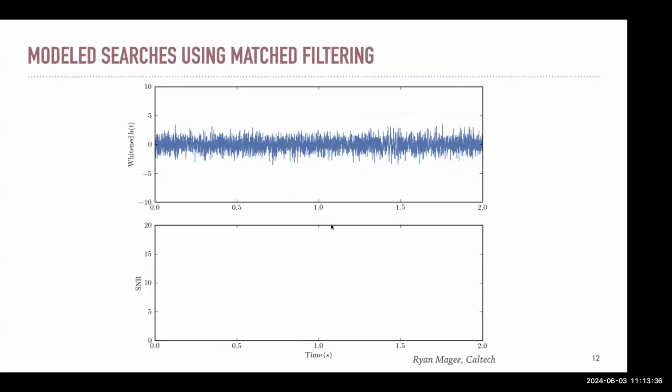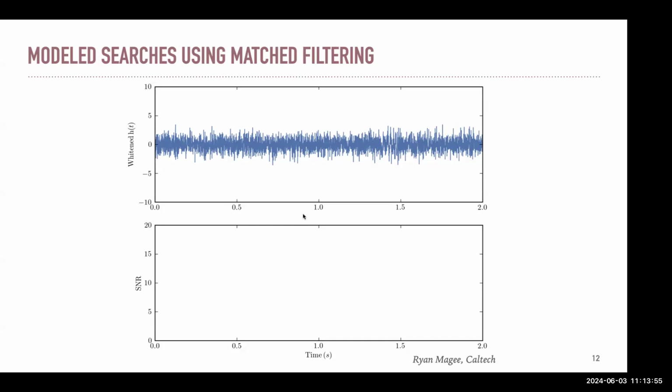All right. I really like this visualization from Ryan McGee at Caltech on the modeled searches and how they work. So you can see a noisy data stream here. If you've got a good eye, you might be able to already spot the gravitational wave signal. No worries if not.